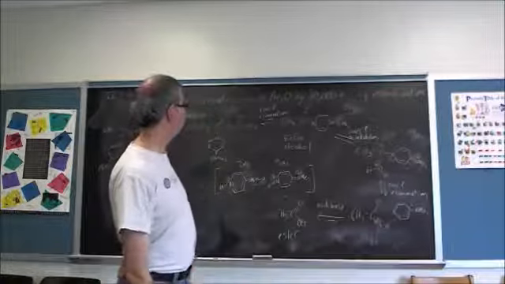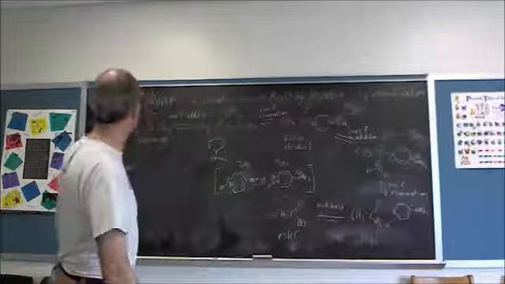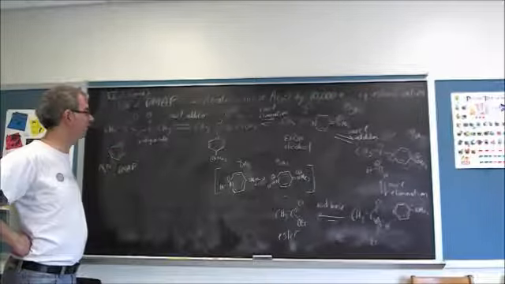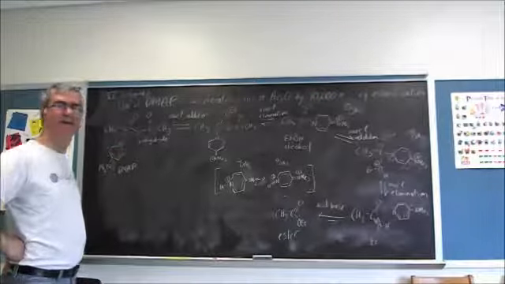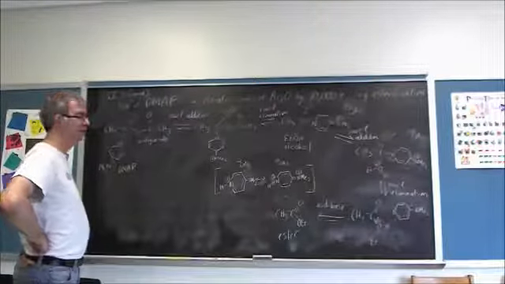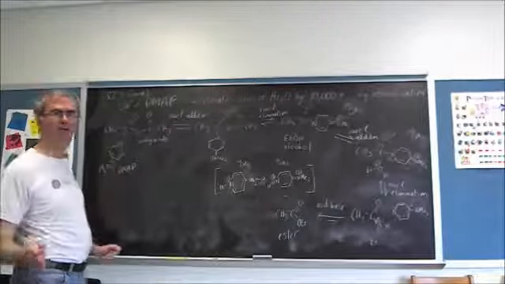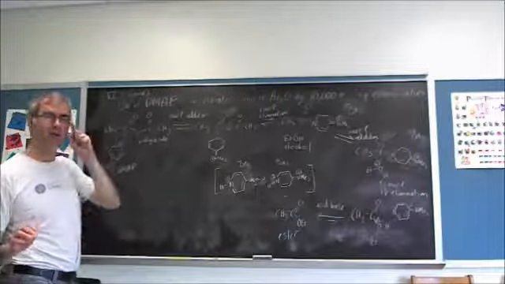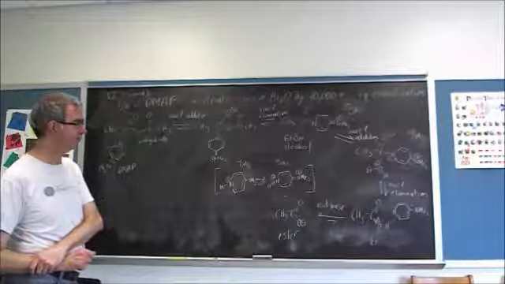Now, a couple of features I want to show about DMAP. One is it's got these two nitrogens, and these two nitrogens actually talk to each other, meaning they're electronically connected to one another. So you've kind of got the power of two nitrogens, which makes this a little more basic. Pyridine is not really a strong base.